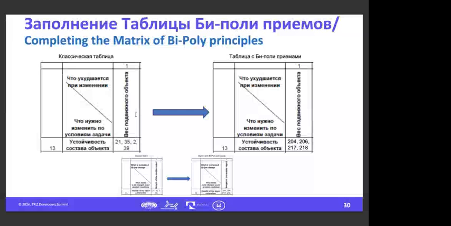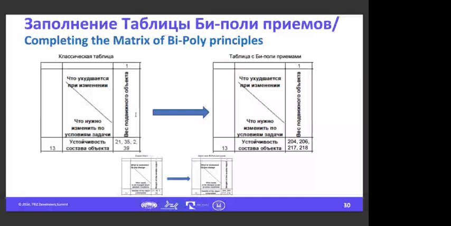To be clear, we were filling out the cells with the logic of bipolar principles. For example, if principle 204 included the 21st principle from the very beginning, then it was put in our renewed matrix. So it was the next step.